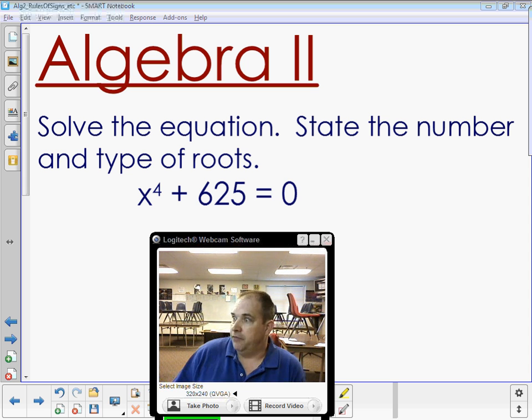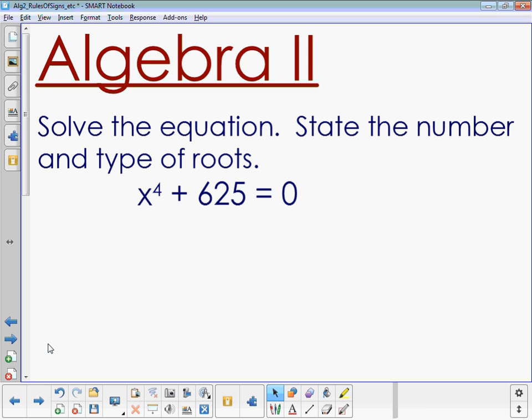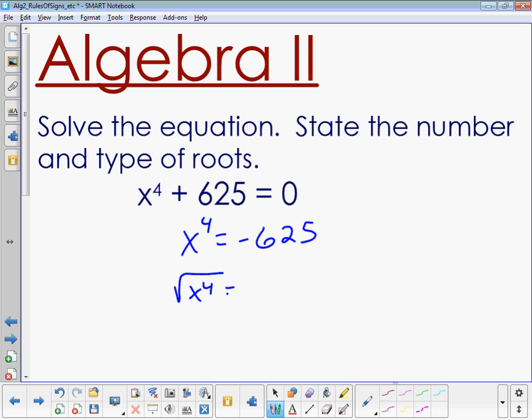So let's see if we can find them. The first thing I would do is subtract 625 from both sides, so x to the fourth would equal negative 625. Now, to get rid of the 4, I need to do the fourth root. If I take the fourth root of x to the fourth and the fourth root of negative 625, I would have a positive or negative because I'm doing even roots.